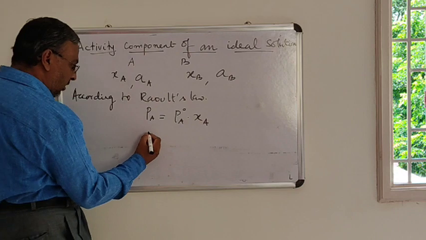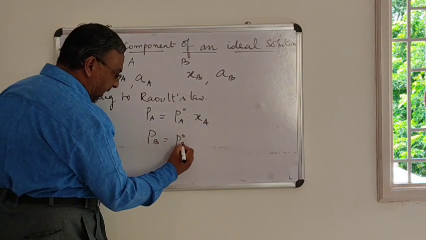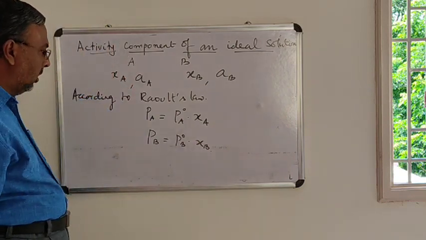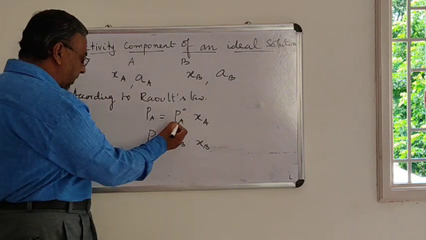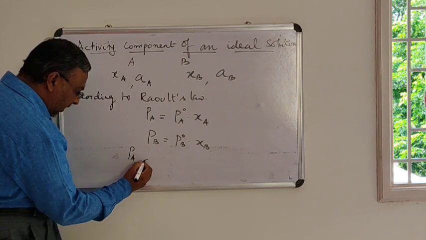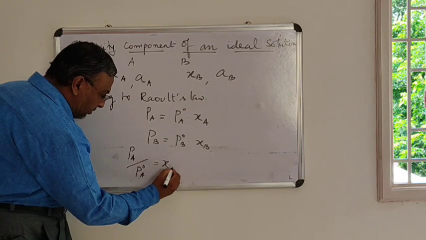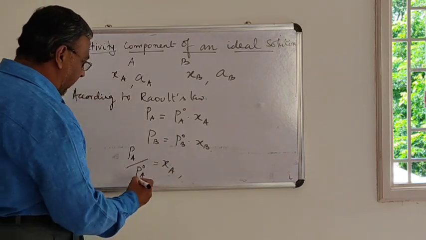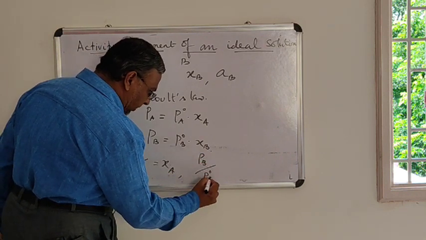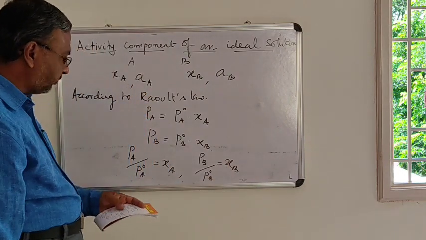Similarly, for component B, it is P naught B into XB. I can write this equation as PA divided by P naught A equals XA. Similarly, PB divided by P naught B equals XB.